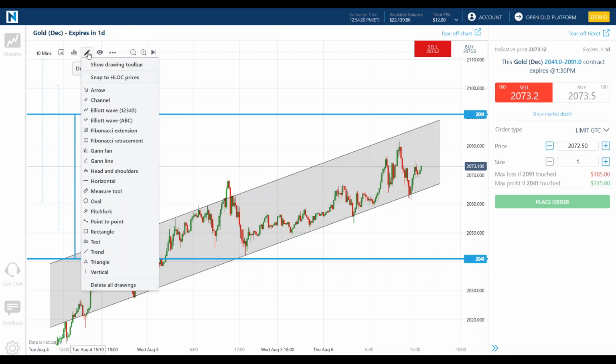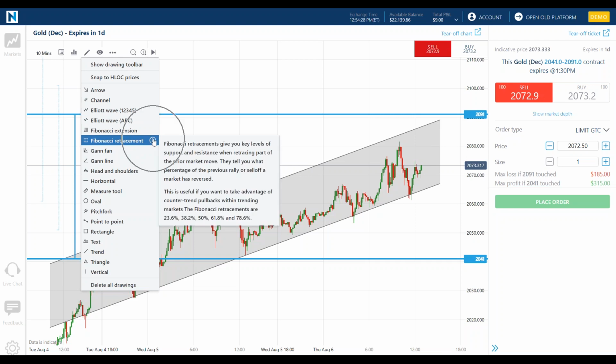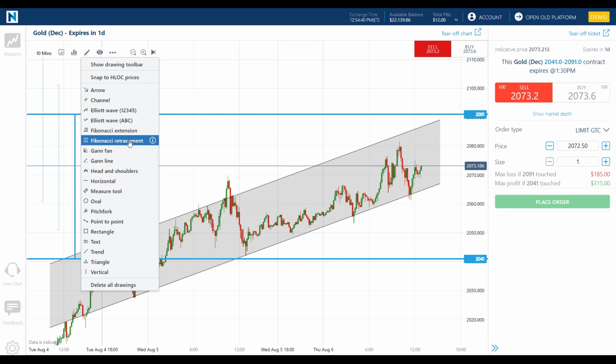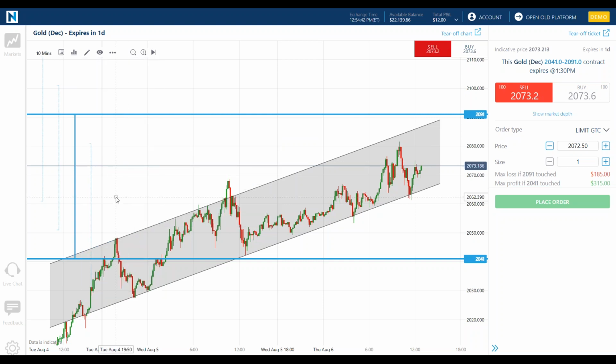I'm going to do one more just because people love support and resistance. A Fibonacci retracement. And again, if you're not familiar with Fibonacci, hover over the I. It gives support and resistance levels based on a ratio. It's a ratio that's seen in nature. People tend to look for that ratio in the markets. If I click on a Fibonacci retracement, here we've been in an uptrend. So the way I would want to do this is I would click in the bottom left-hand corner.